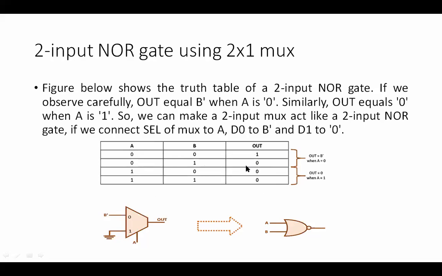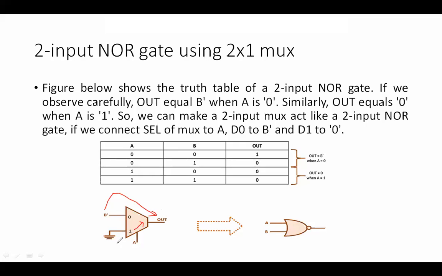The same thing here, when A is 0, I am putting B bar so that B bar comes as my output. Next, when A is equal to 1, 0 comes and it gets into the output line.